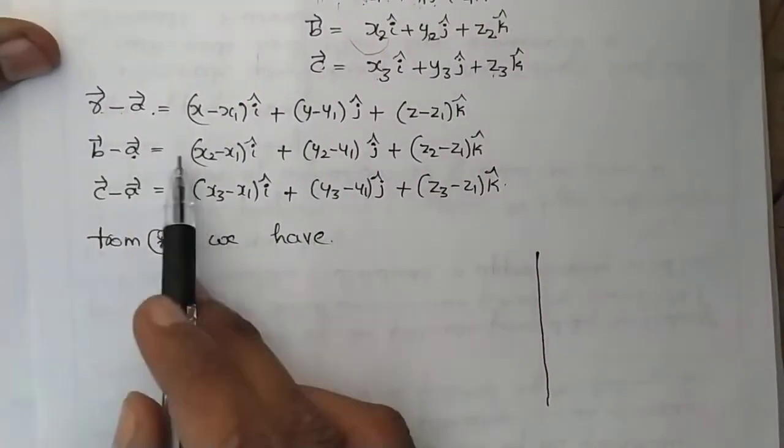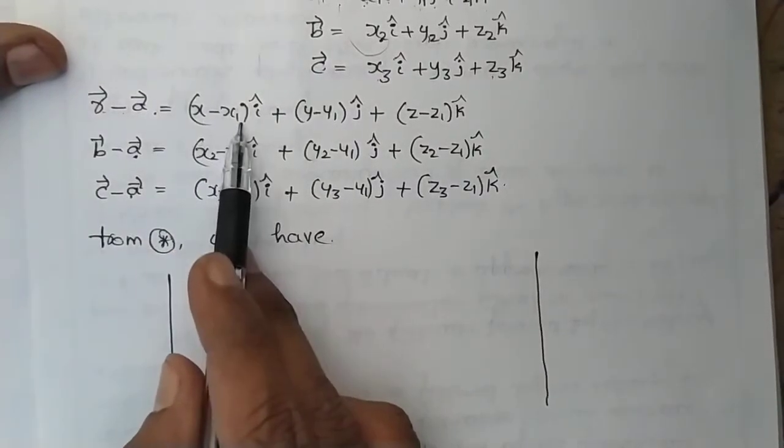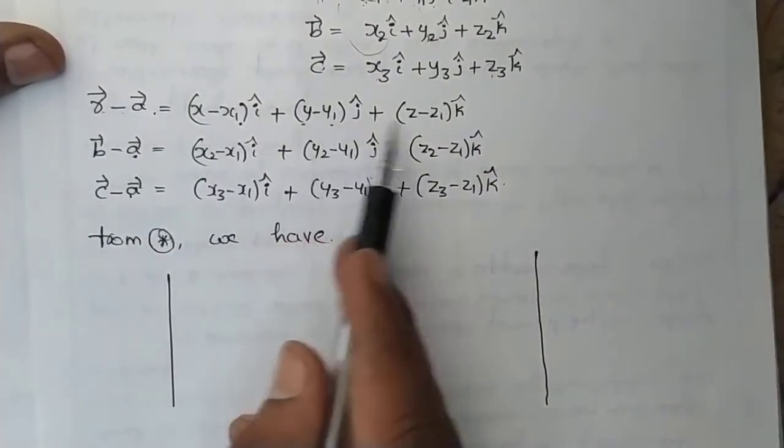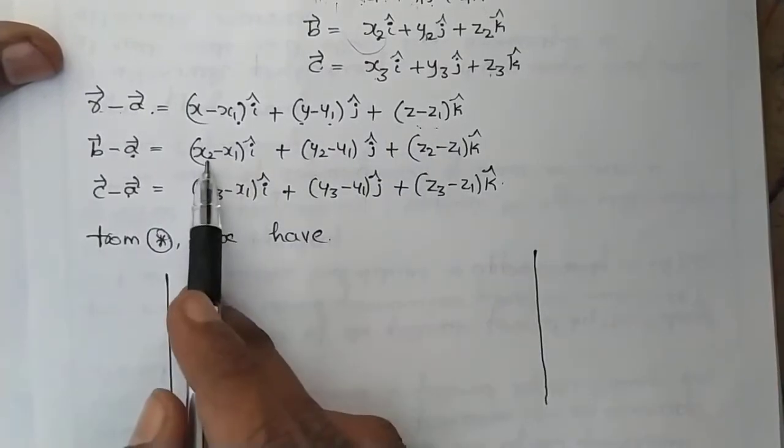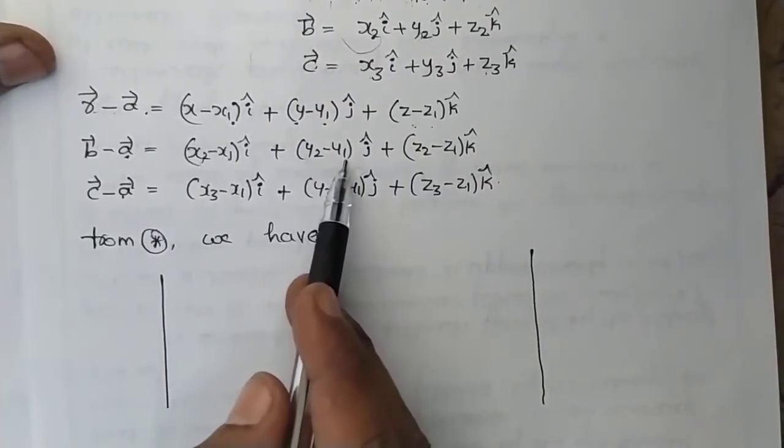If you substitute, then we will get x minus x1, y minus y1, z minus z1, next x2 minus x1 i cap, y2 minus y1 j cap.